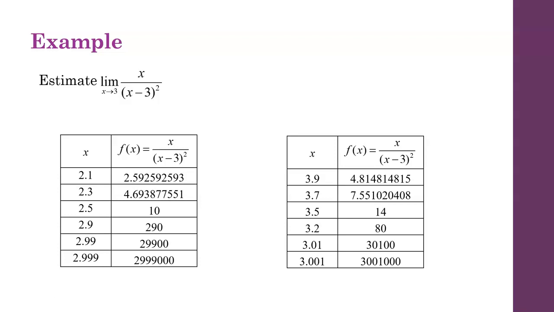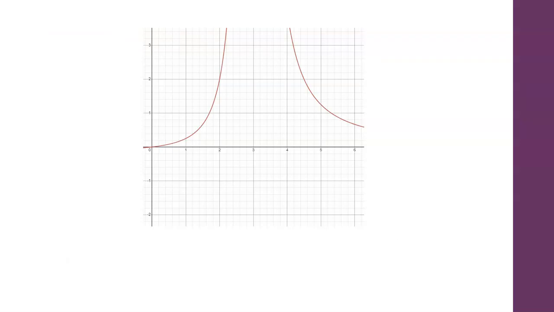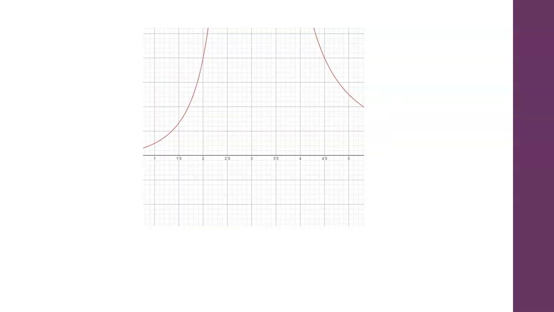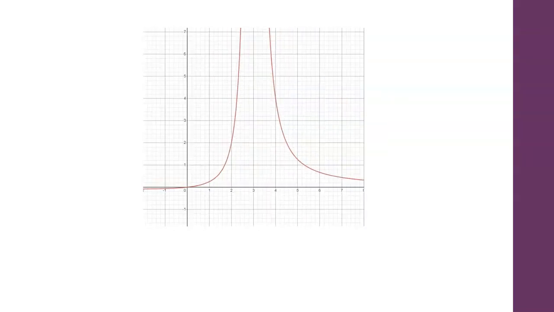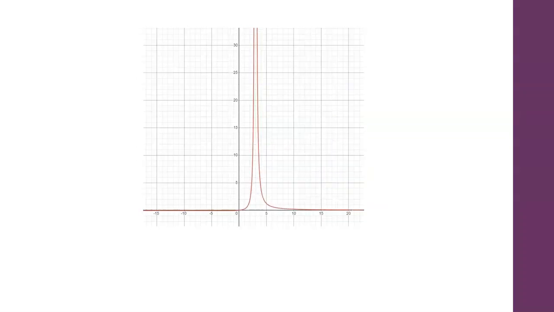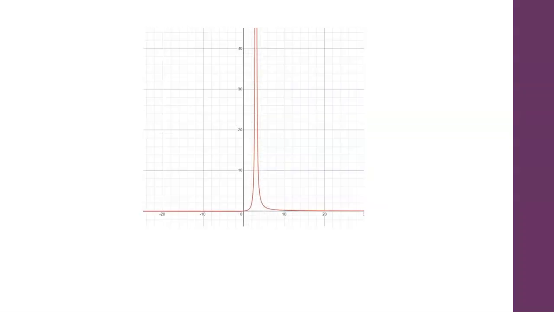And if I consider the graph of this function, once again, if I zoom in, you don't see much. So if we zoom back out, we'll see that if the numbers were close to 3, this function would be getting larger and larger. And it can be arbitrarily large the closer to 3 we get. Therefore, we say that the limit of this function as x goes to 3 is infinite.